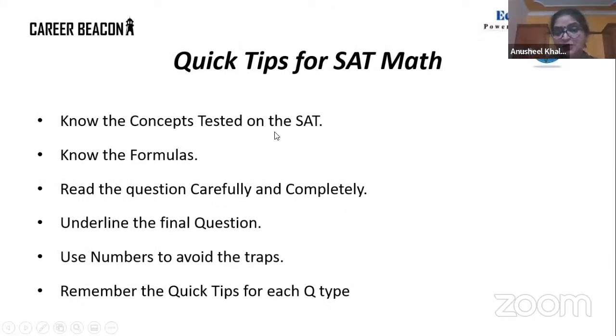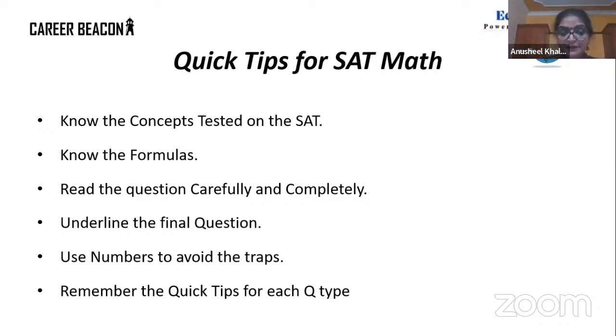Know the concepts tested on the SAT. This is really important. All the concepts and all the formulas must be on your tips, right? Though the reference box in every section will contain certain formulas, if you remember those formulas, it is great, because then you don't have to flip back and see on which page they are given. So you will save some of your time there, right?